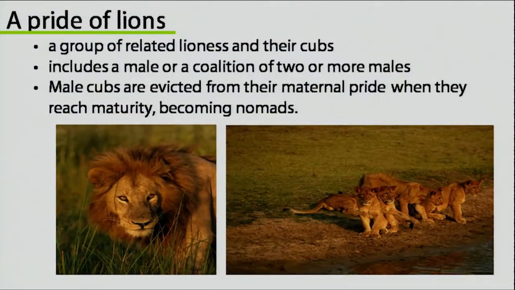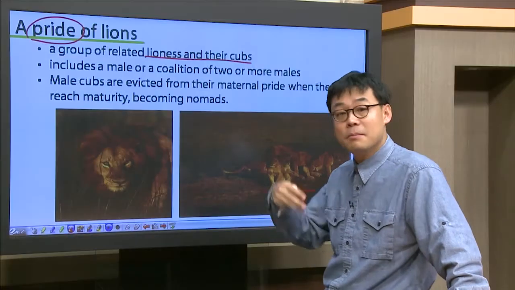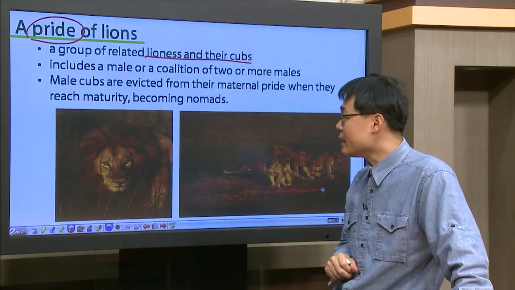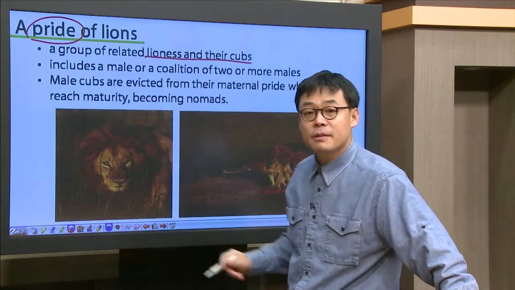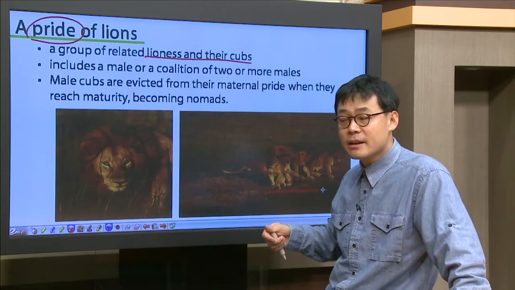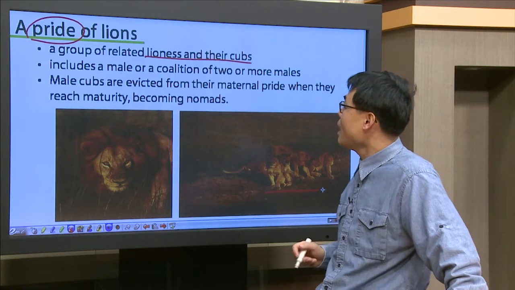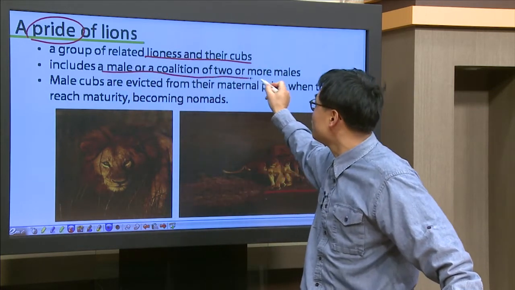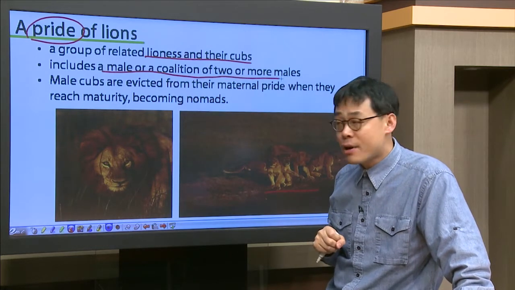So here are the lionesses and their cubs. The lionesses are all related, meaning that they are like mothers and sisters and aunts. They are blood related. And the males are coming from outside of these groups. Usually you have only one male or a coalition of 2 or more males in a pride.